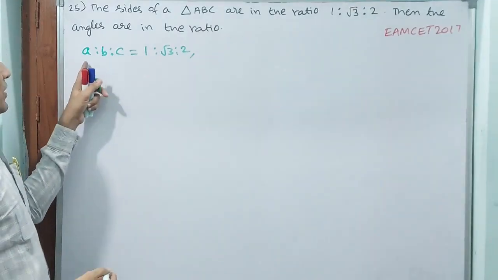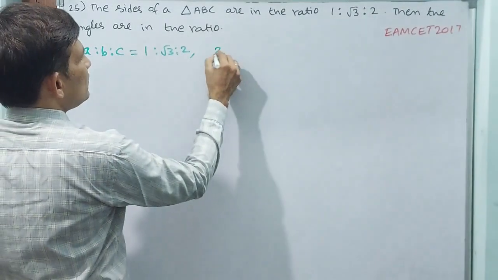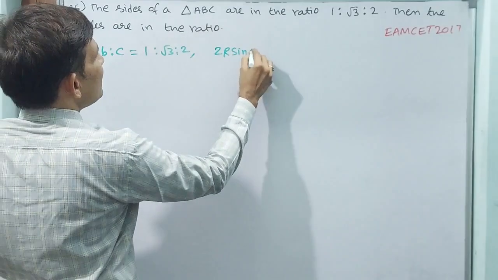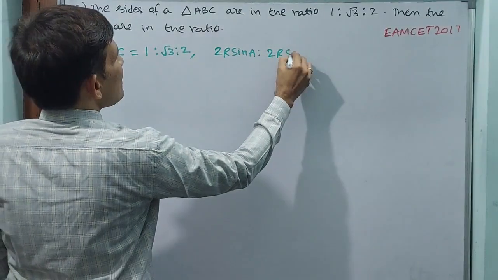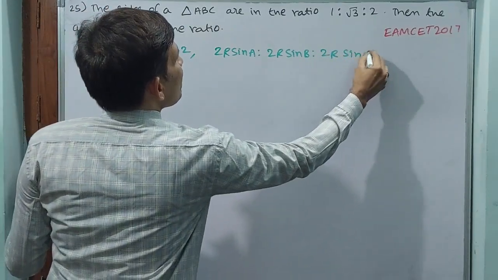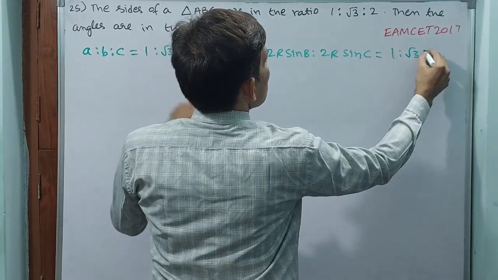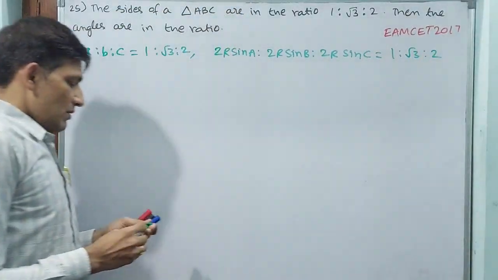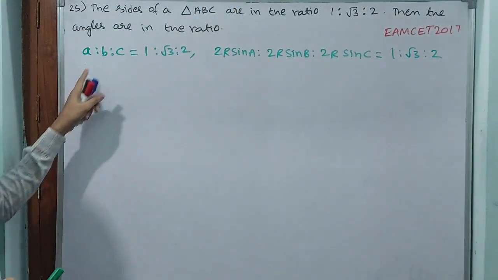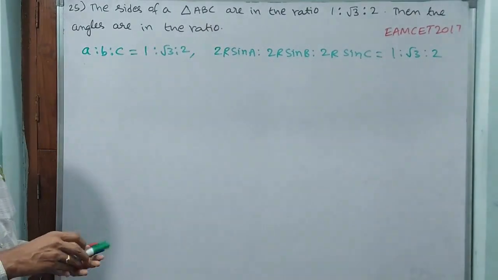Shall I write a as 2R sin A? 2R sin A is to 2R sin B is to 2R sin C is equal to 1 is to root 3 is to 2. Why? Because a by sin A is equal to 2R, b by sin B is equal to 2R, c by sin C is equal to 2R.